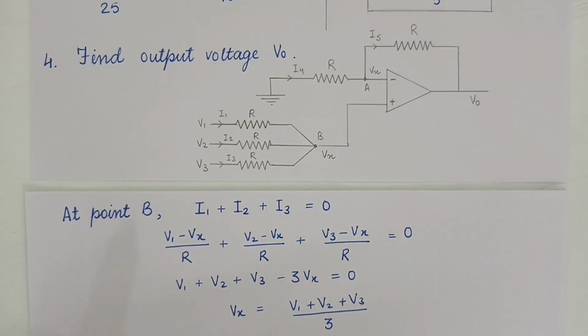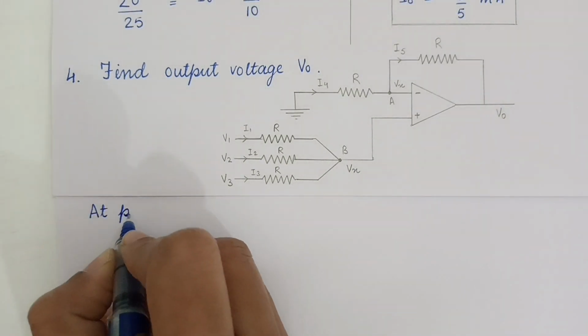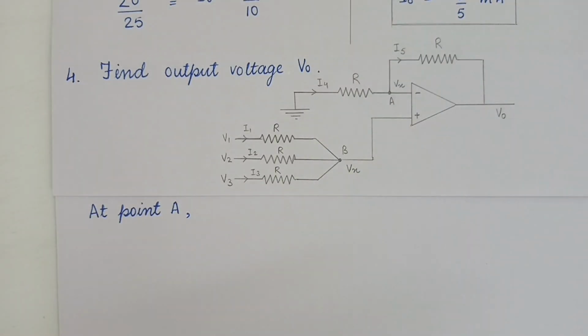So now let's move and solve for point A. So at point A, I4 is equals to I5.